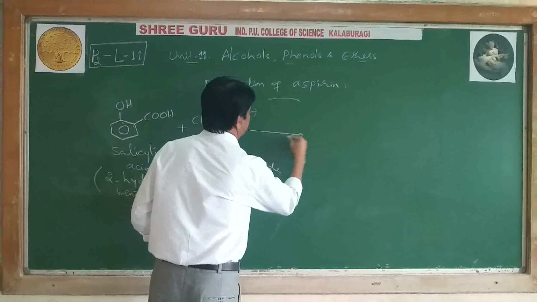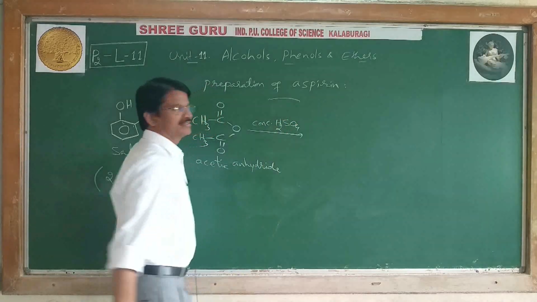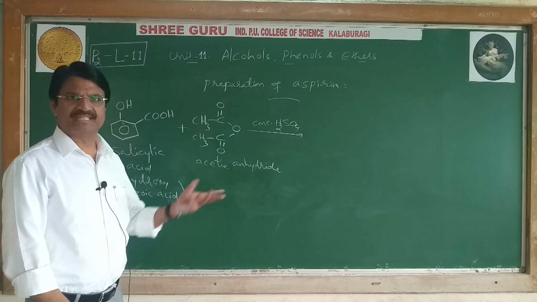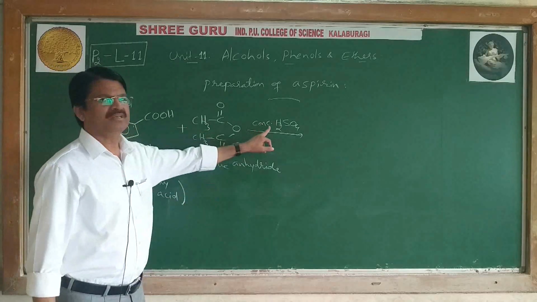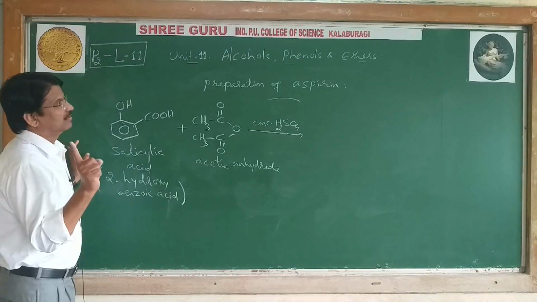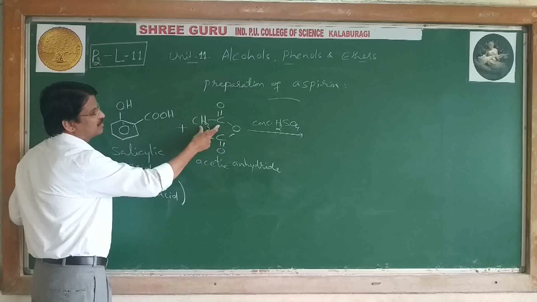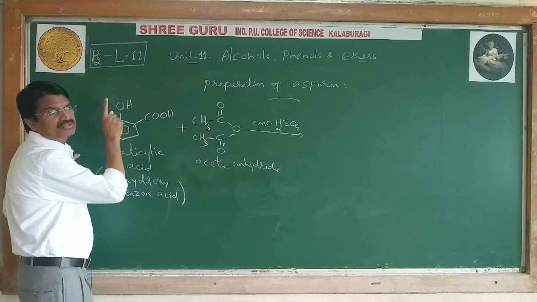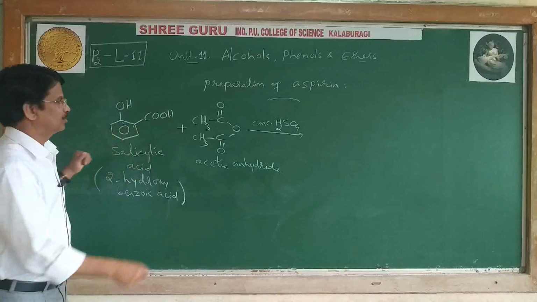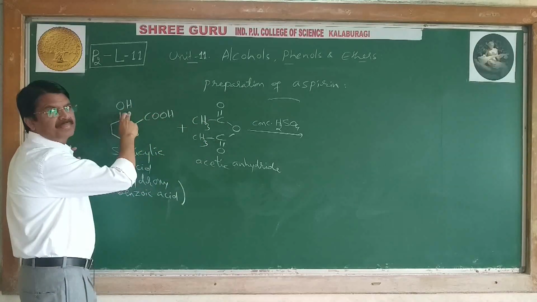Next, in the presence of concentrated sulfuric acid, you can add 2-3 drops of sulfuric acid, or even sodium acetate can be used, but the best is sulfuric acid. Next, see where the reaction occurs. Acetylation occurs. The acetyl or acyl group attacks at phenolic OH, alcoholic OH or amine group, but this is a carboxylic acid group. Therefore, this compound cannot react at the carboxylic acid. It can react with phenolic OH.